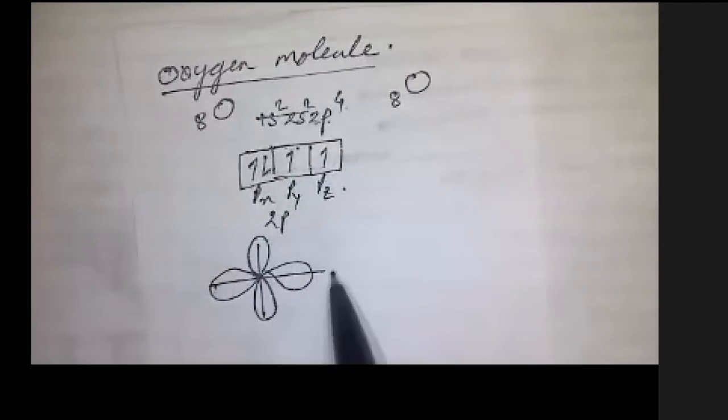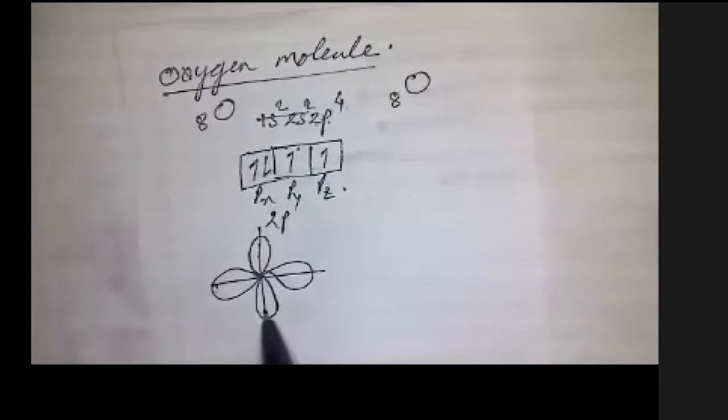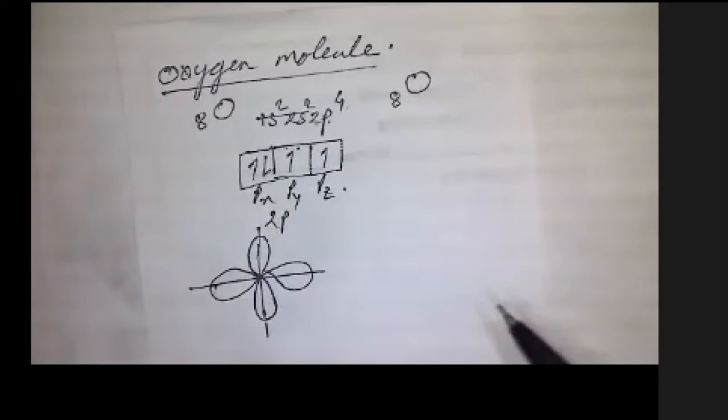That means in the first case, you have it like this. This is your 2 orbitals. One is Pz, another one is Py. Clear?